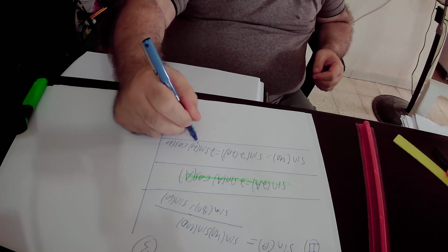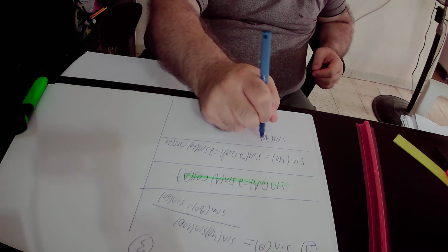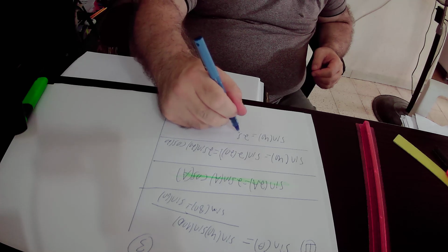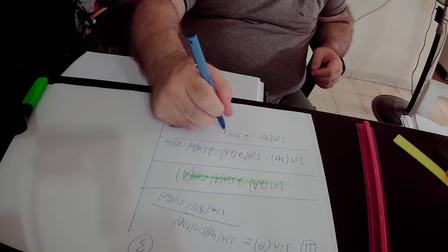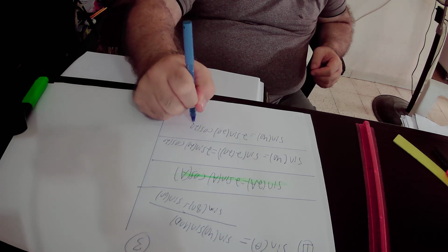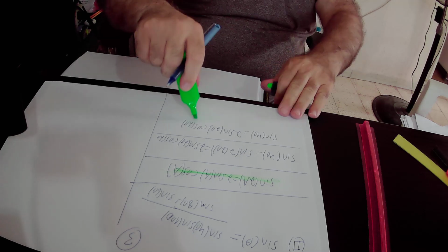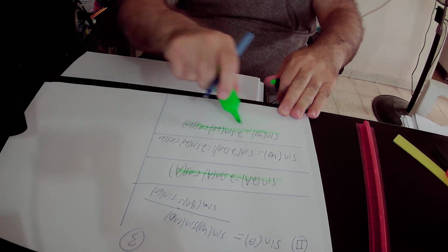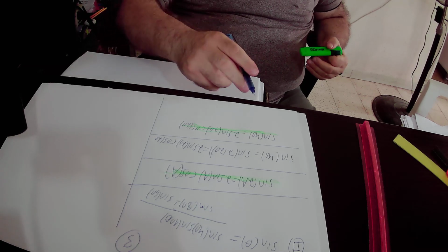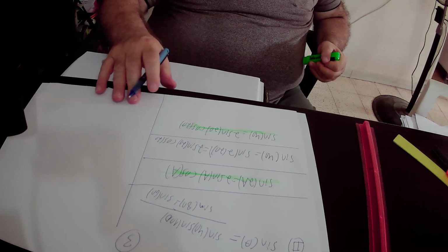So in conclusion, we found out that sine 40 degrees equals 2 times sine 20 degrees times cosine 20 degrees. Later we'll substitute sine 40 degrees by 2 times sine 20 degrees times cosine 20 degrees.